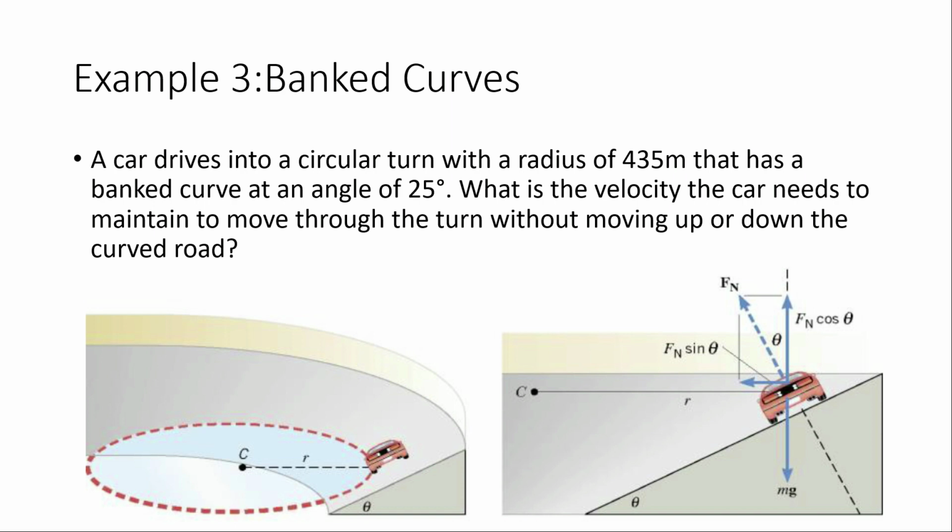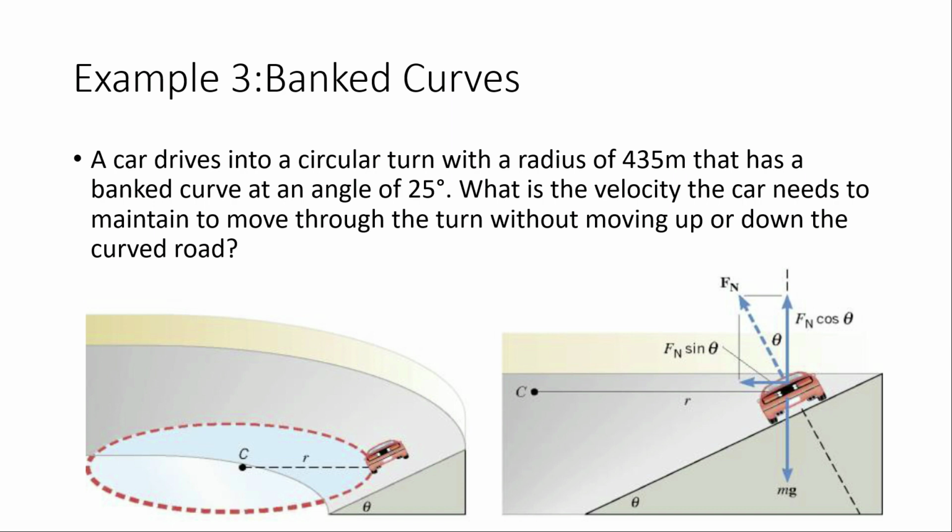And if you went too fast, remember your inertia wants you to travel in a straight line, and if the normal force of the road isn't large enough to totally account for all of that inertia, you'll end up traveling in a straight line, which pushes you up the slope and off the edge. So going too fast slides you up the slope, going too slow slides you down the slope. We don't want either of those. We want to stay perfectly in the right spot.